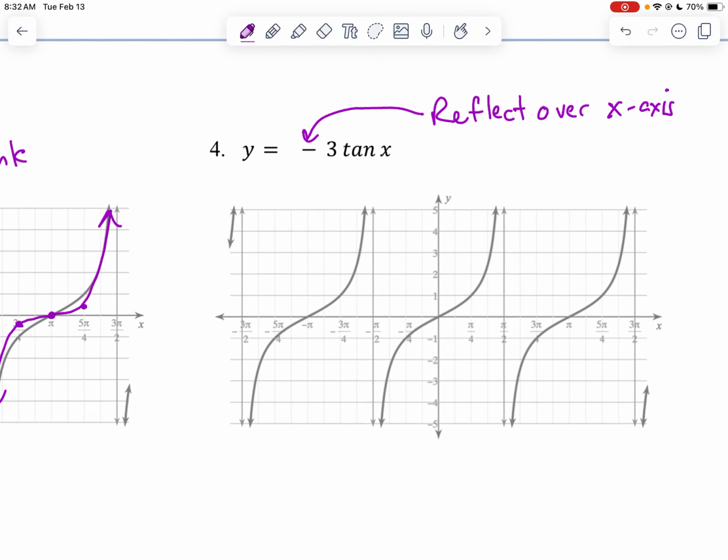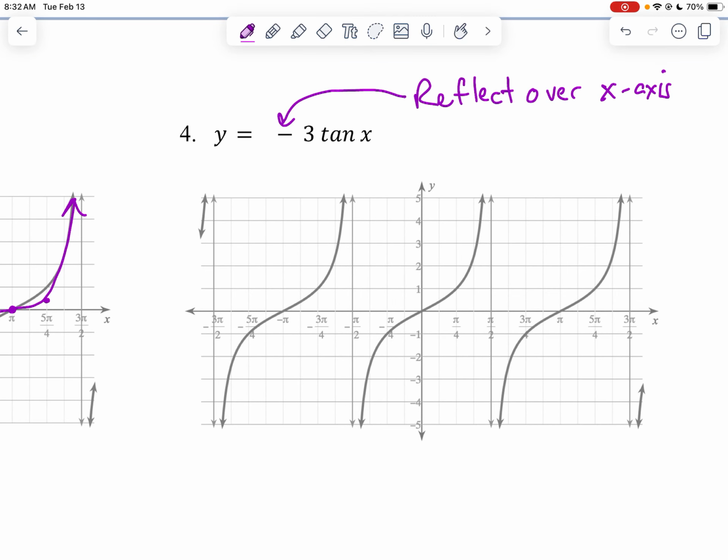So I'm going to take all my critical points and reflect them over the x-axis, but the fact that I've got the number 3 means I've got a vertical stretch. So I'm going to reflect my point and then triple that y value.